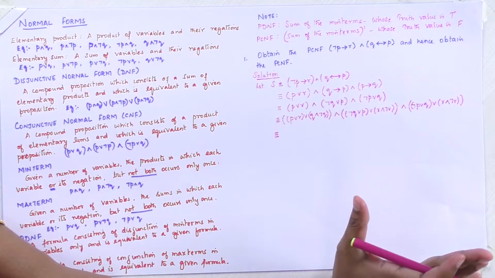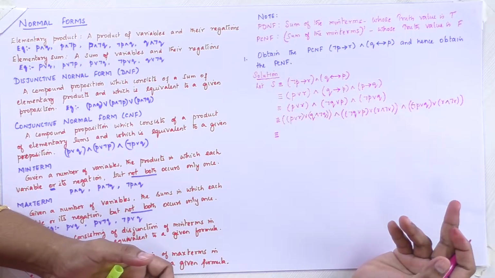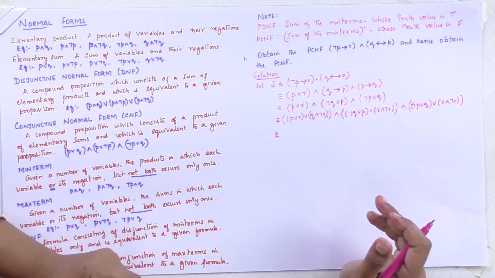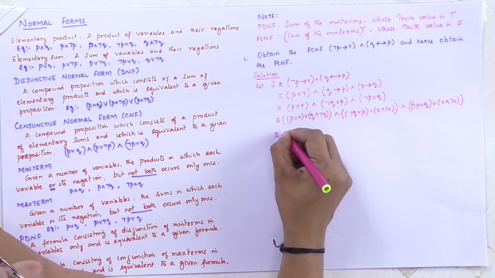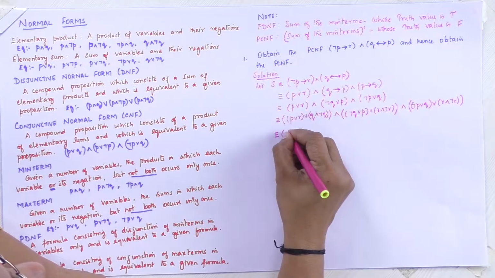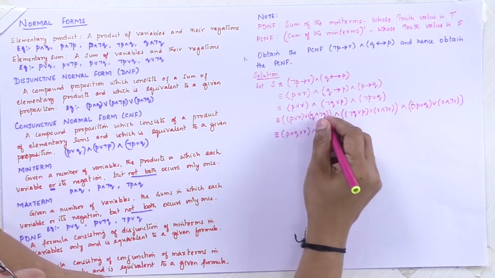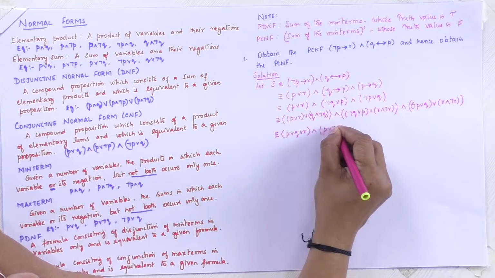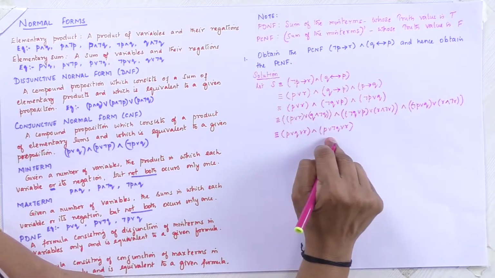The third step says: if needed, distributive, associative or absorption law can be applied. Now, can we apply the distributive law here? We will write it in order. It is P or Q or R, and P or negation Q or R. I have applied the distributive law here.